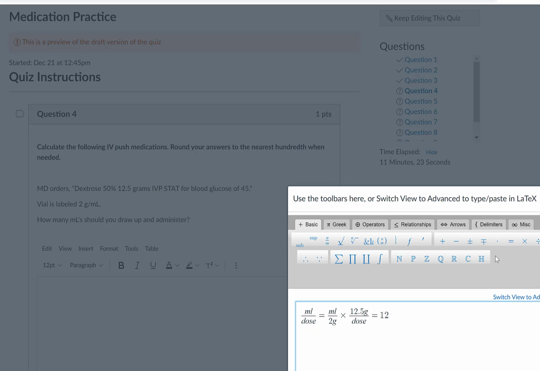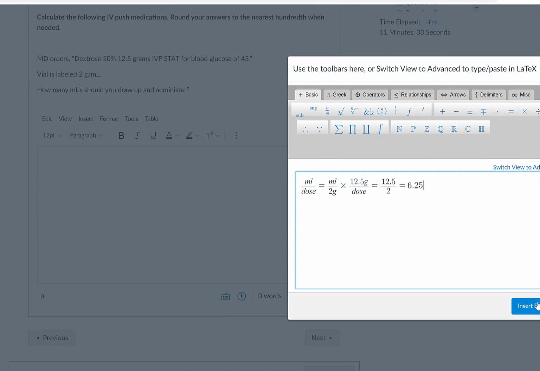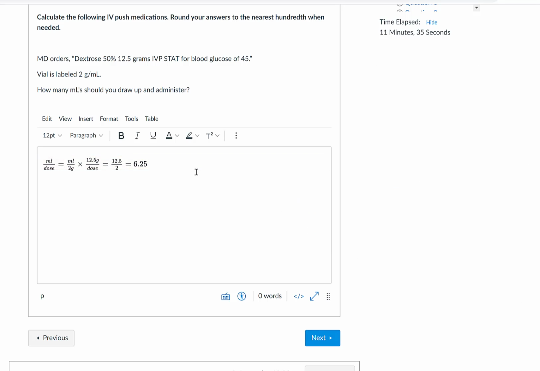So I have 12.5 divided by 2. Comes out to 6.25. That is my numerical answer. So I'm going to input my equation, and then I'm going to enter once or twice, and I'm going to put it in milliliters, 6.25 mLs.